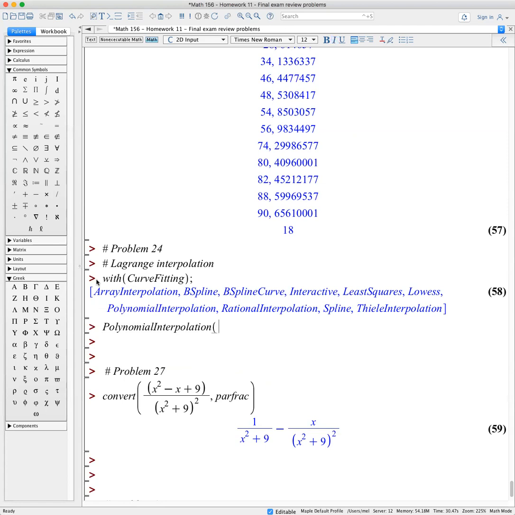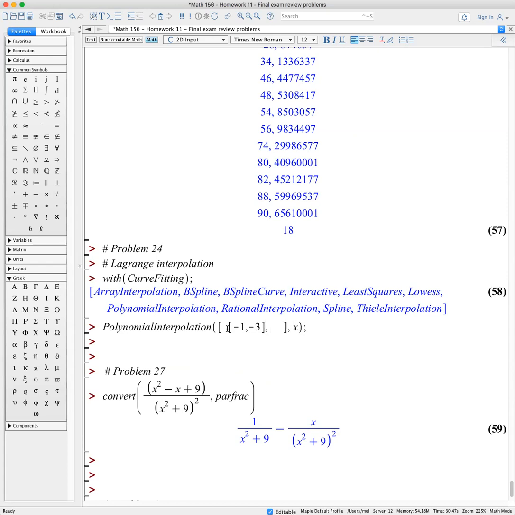So I'm going to put in a sequence of pairs all inside square brackets. And I want my variable to be x. So in this problem, I want f of -1 to be -3. So I put in the ordered pair in square brackets, -1, -3.